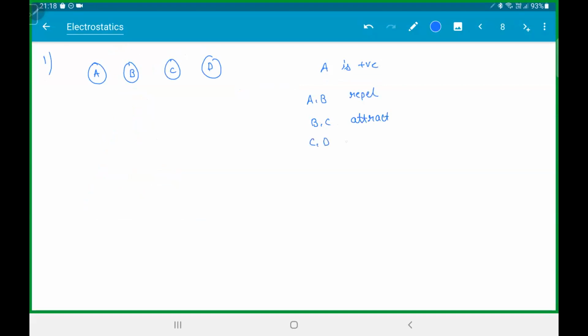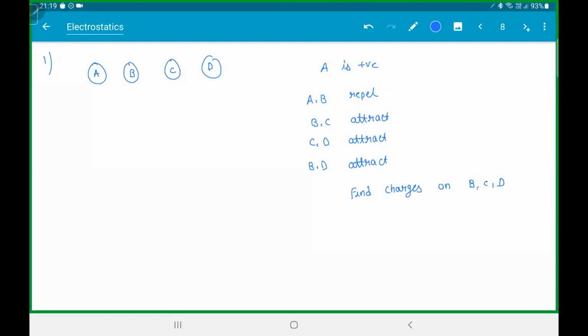C and D attract. B and D also attract. What are the charges on B, C, D? Find charges on B, C, D.